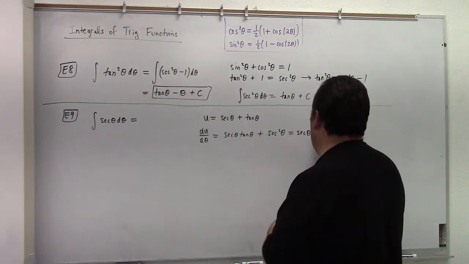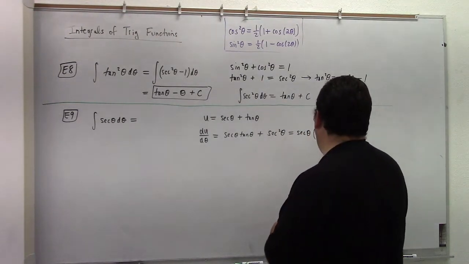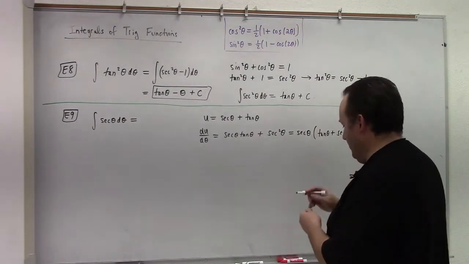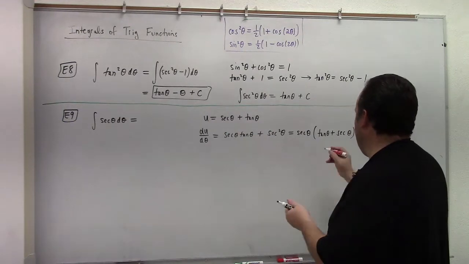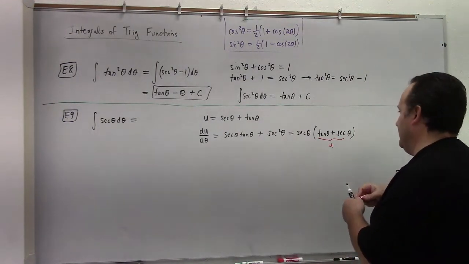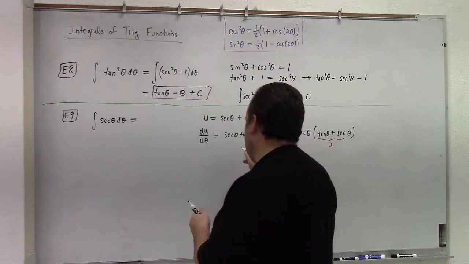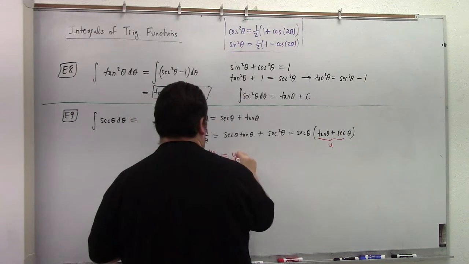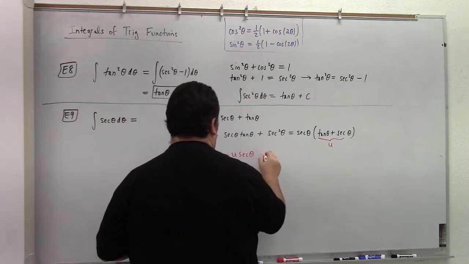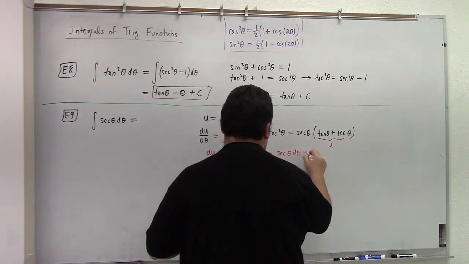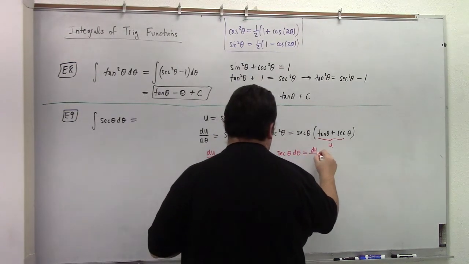That's secant theta times tangent theta plus secant theta, isn't it? Oh, hey. What do you know? That's u. So what we have is that du d theta is u times secant theta, which you can trade for secant theta d theta is du over u.